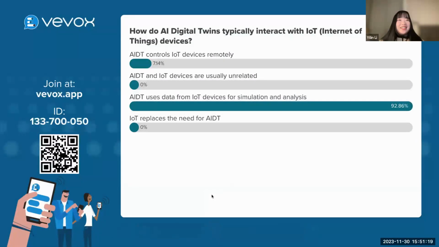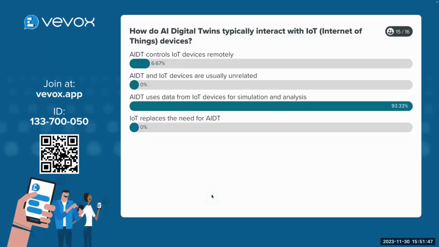The first is that a few people selected that AIDT controls IoT devices remotely. If IoT devices are considered as sensors, then they just collect the data, and the AIDT solution doesn't control them.